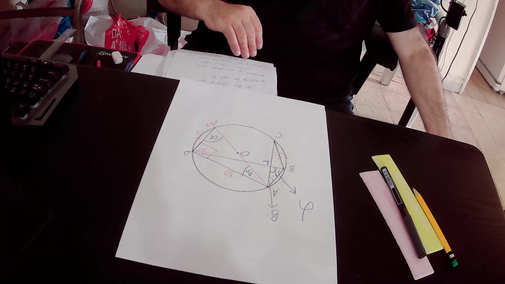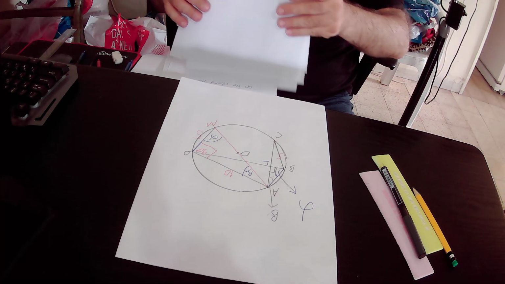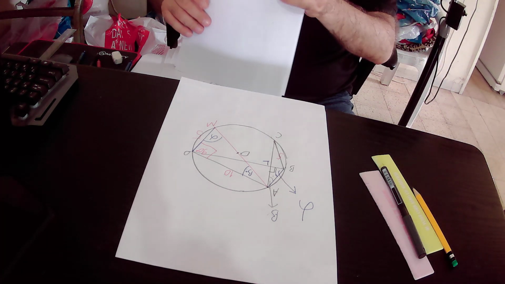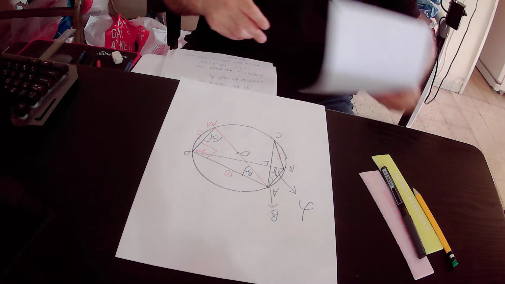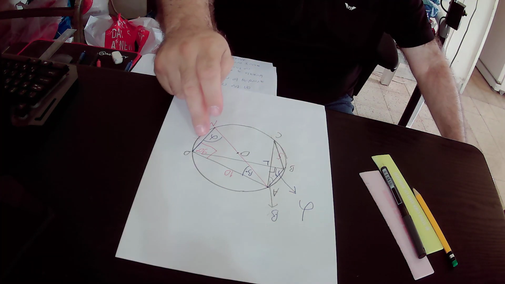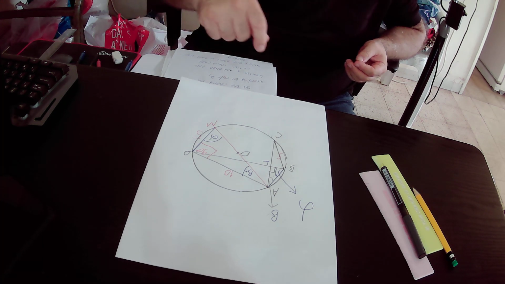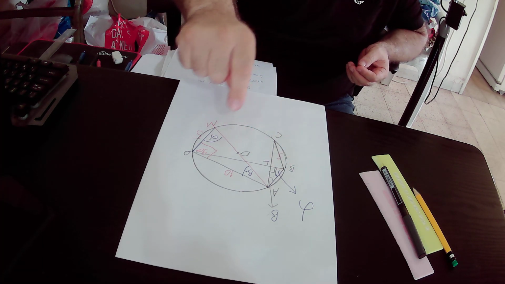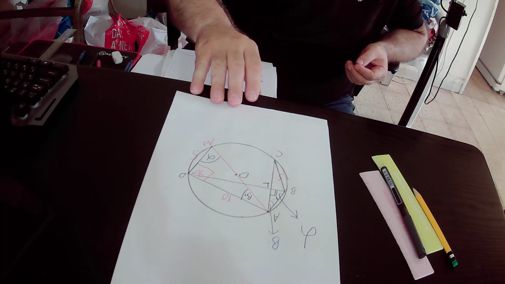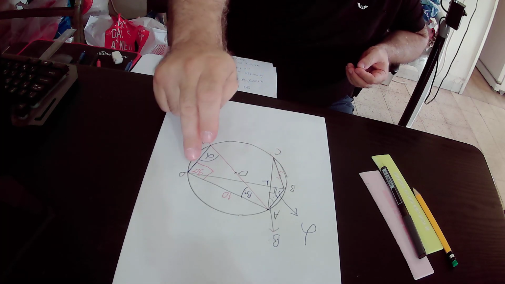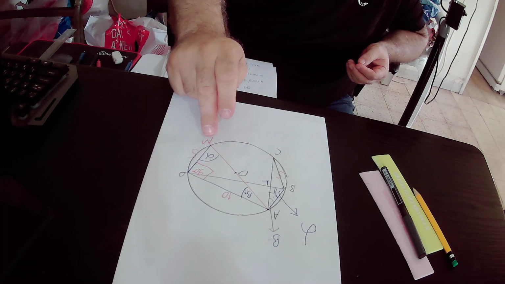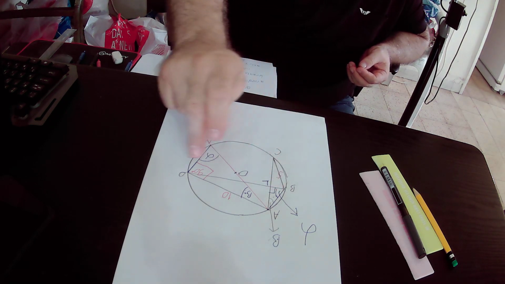In our circle, we have angle AMD that equals alpha, and it rests on chord AD. Again, angle AMD equals alpha, and angle alpha rests on chord AD.